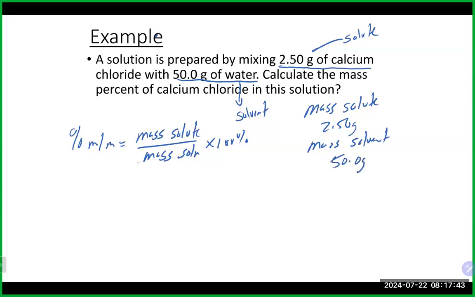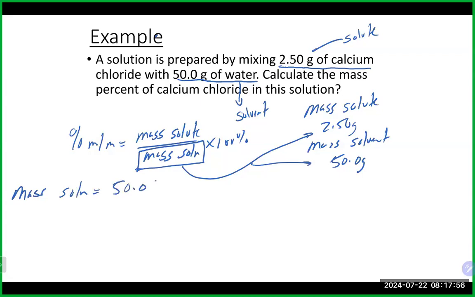So remember that the important part of this, as you can see here, is they are given separate. So we want to make sure that we add those together to get the mass of the solution. So the mass of the solution would be 50 plus our 2.5 grams, going to give us something like 52.5 grams. Now we have everything we need.